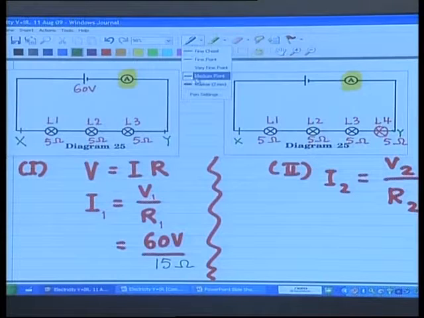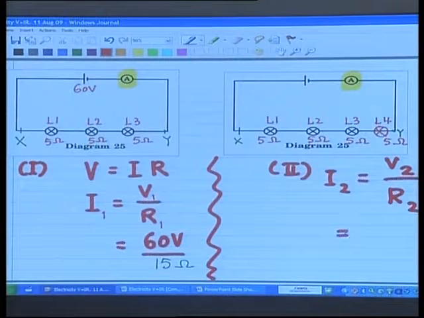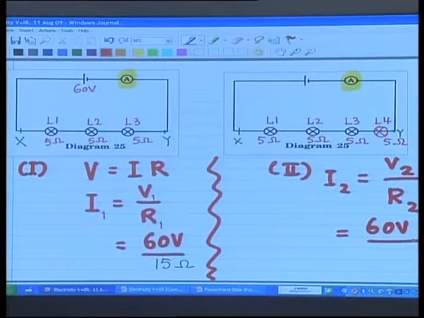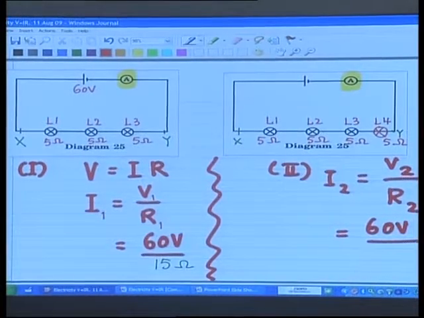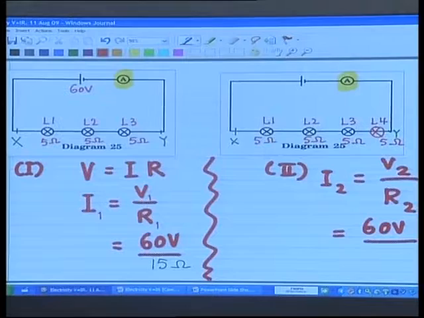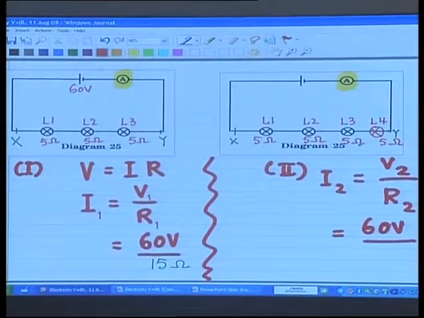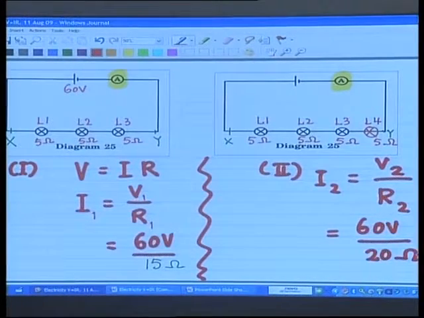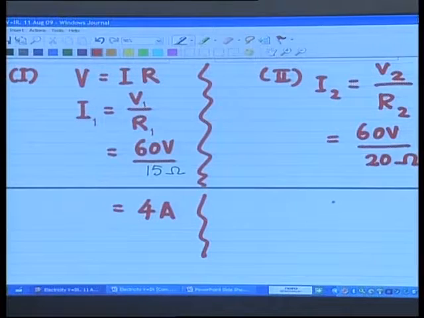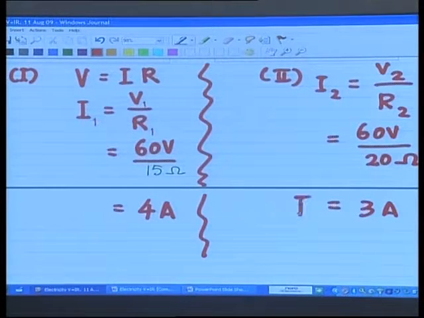What is V2? Good, 60 volts divided by R2. R2 is 5 plus 5 plus 5 plus 5, so I have got 20 ohms. And what do I get? 3 amperes. That is I2.